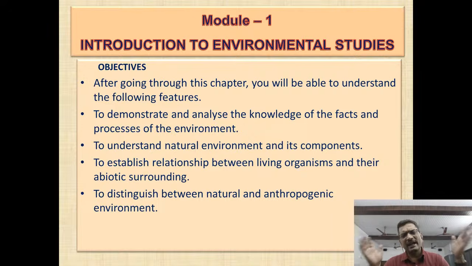That is the reason why every now and then we see that human beings depend upon nature. Although the anthropogenic environment is controlled by man, it directly or indirectly depends upon nature. So that's the difference between the natural environment and the anthropogenic environment.